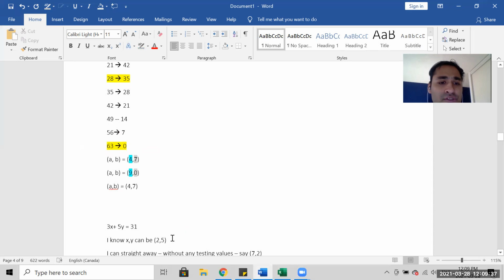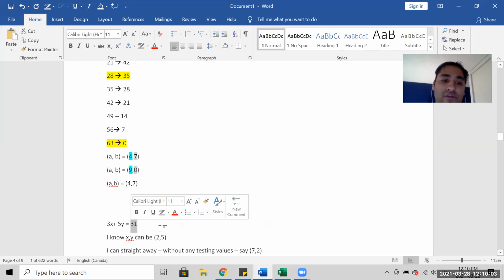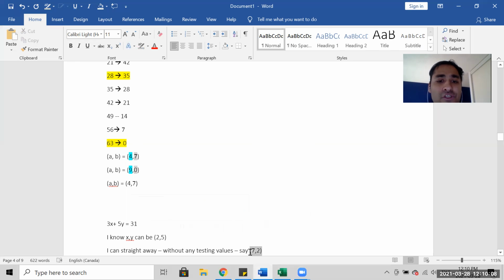And I noticed if I follow my trend, if I was to increase that 2 by y's coefficient, 5, that becomes 7. And if I was to decrease the value of y by x's coefficient, because one has to increase and the other has to decrease in order to keep that 31 stable, it's actually true that this is also a potential value of x and y.